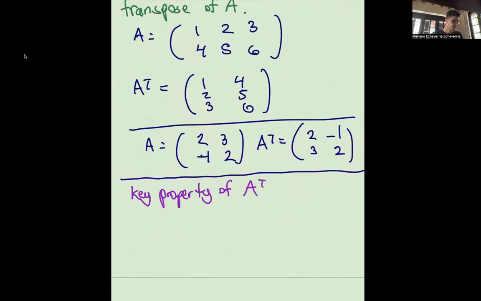So the key property is that imagine that you have two vectors, U and V, and the matrix A.